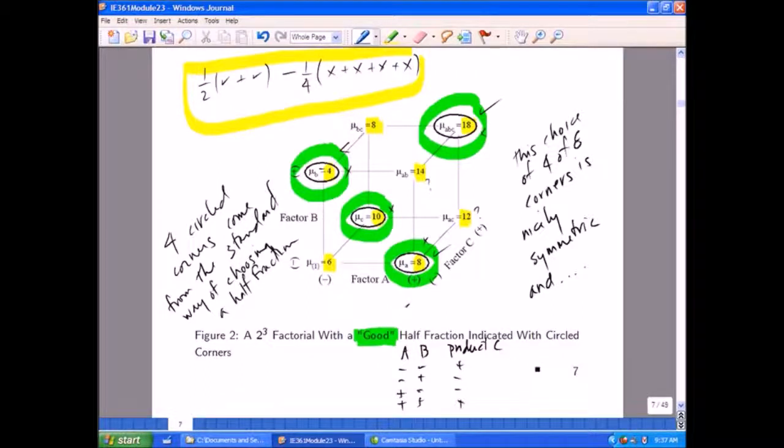If I use that for factor C, and look across this first row, that's combination C, this is combination B, this is combination A, this is combination ABC, and the point is that these are the 4 circled corners on that picture.